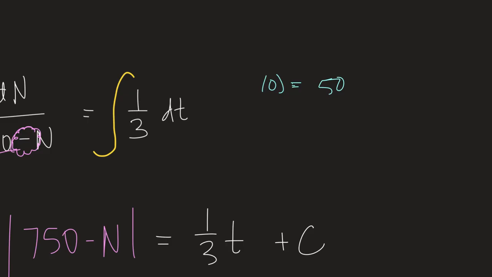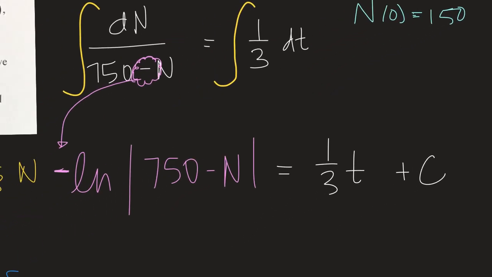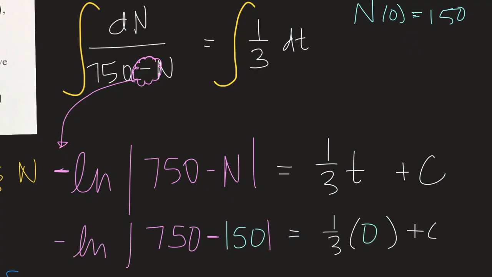So that goes in here, minus 150, and t is 0. So our final answer for C is going to be the negative natural log of 600.